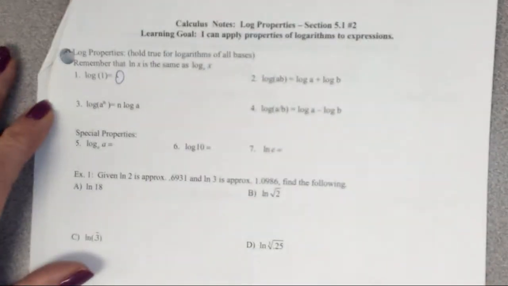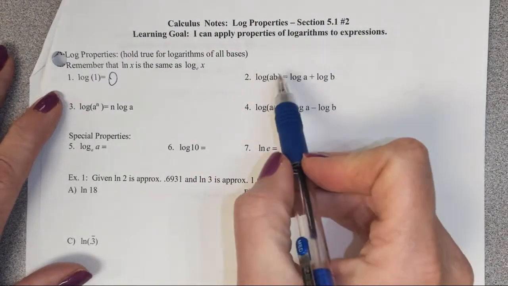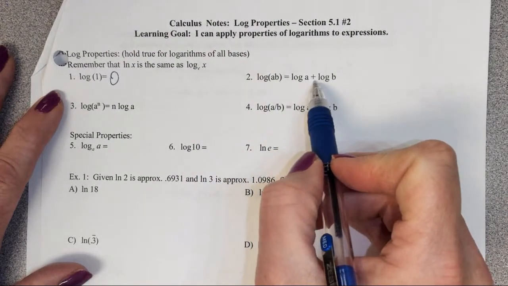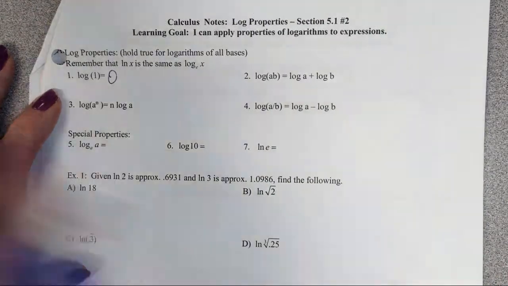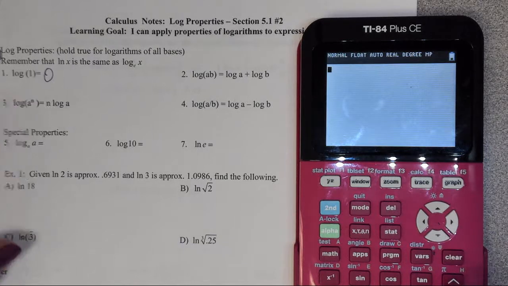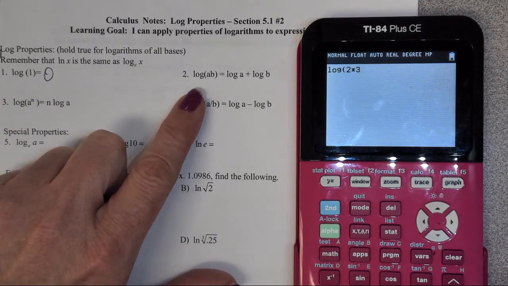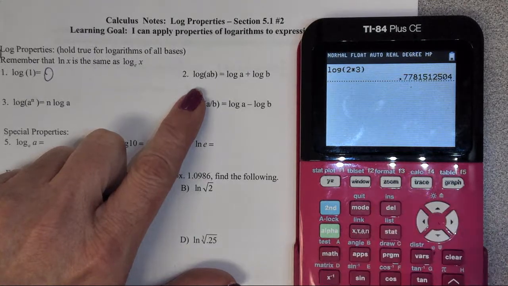The next property says that anytime we are multiplying two values, it will actually end up being the sum of the logs of each one of them. This is not an intuitive formula, so I want to show you how it works. Let's say I have log 2 times 3, okay? That is the same, of course, as log 6. Those will be equivalent.